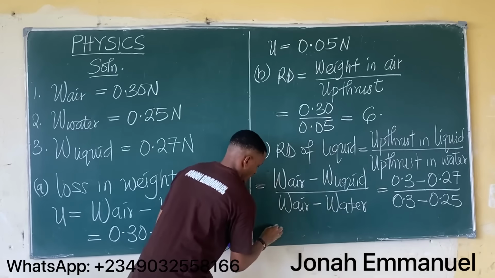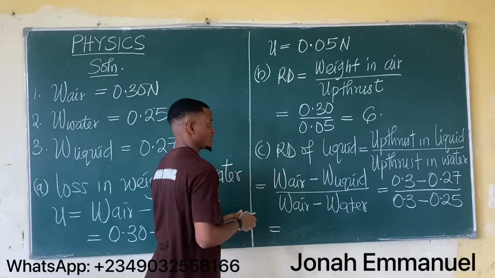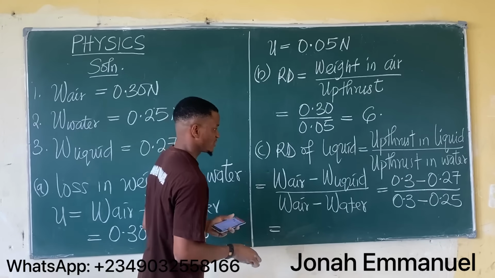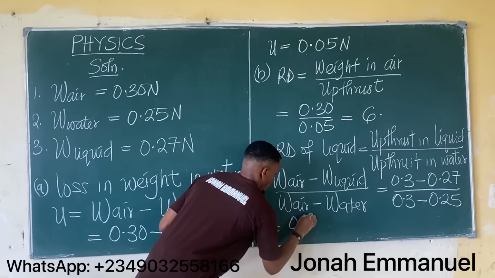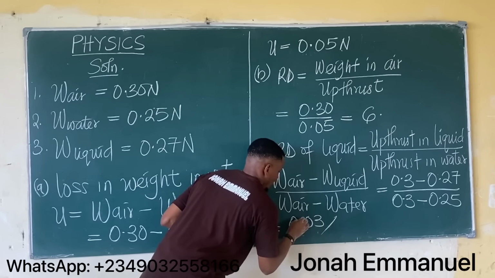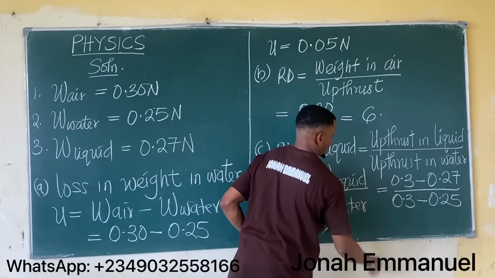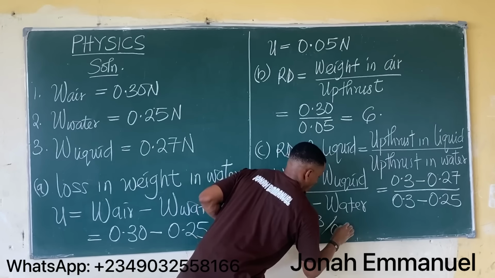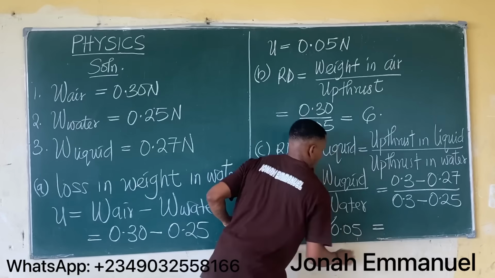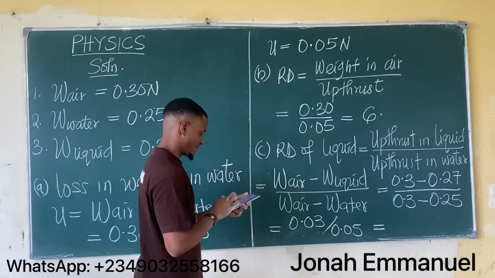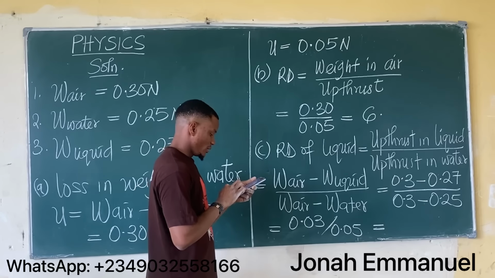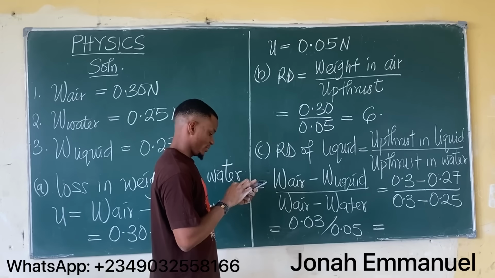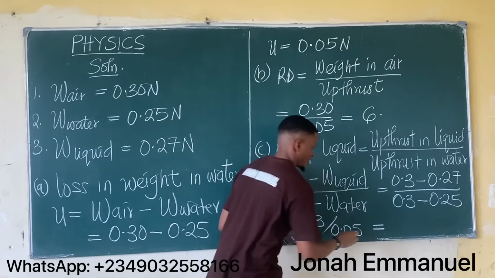Alright, if I work this out, this is equal to 0.3 minus 0.27, which should give you 0.03, divided by 0.30 minus 0.25, which gives you 0.05. If I divide these two, 0.03 divided by 0.05, that's about 0.6.